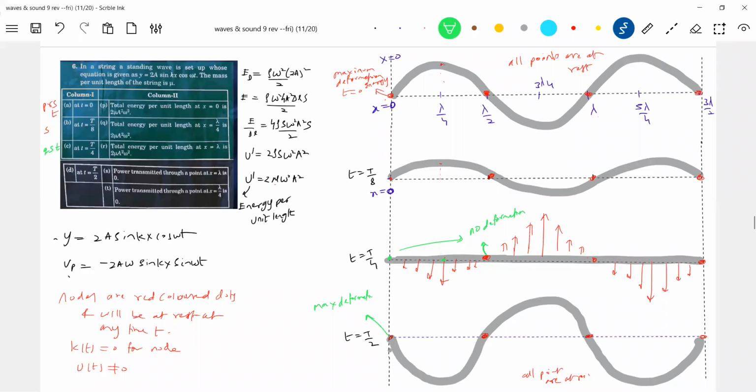Maximum deformation. So I'll pick up naturally what happened. I'll go for P. What about here? The antinode will be at rest and no deformation. And it will never undergo deformation. Here what happened? Maximum kinetic energy.